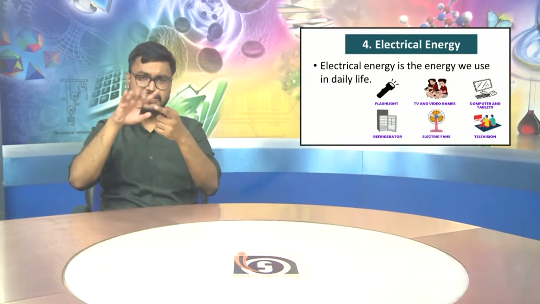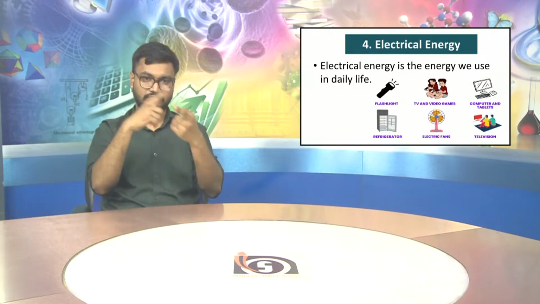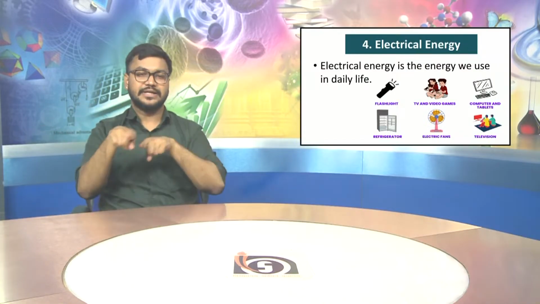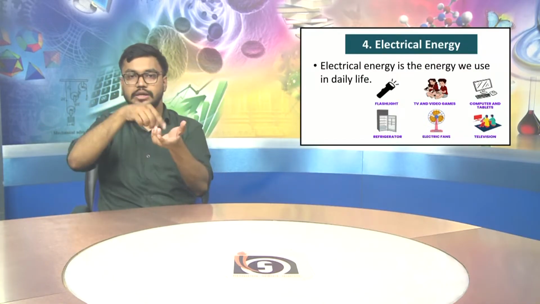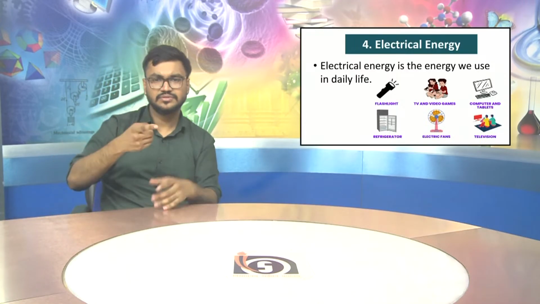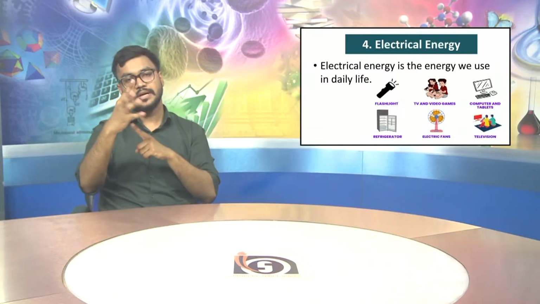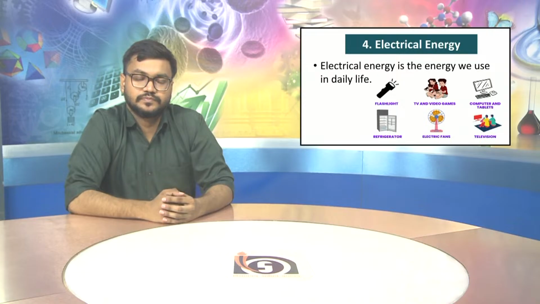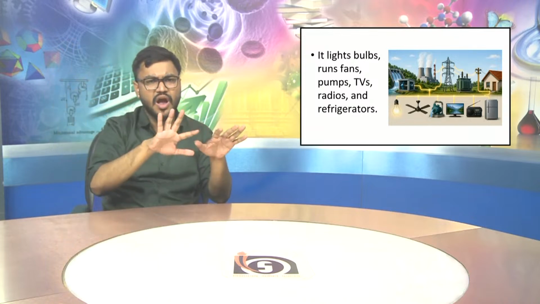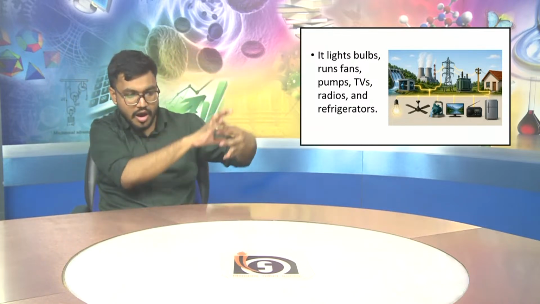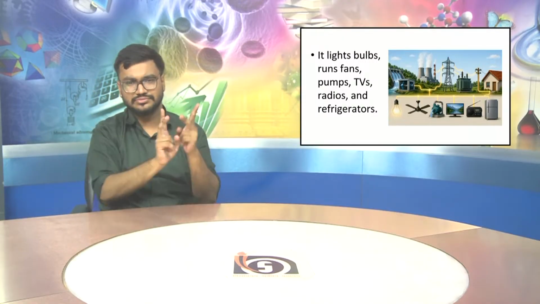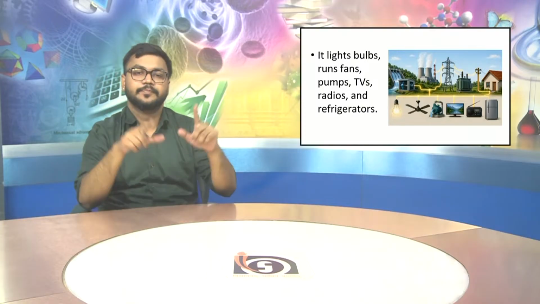Next, the fourth form of energy is electrical energy. Electrical energy is the energy we use in daily life, like flashlight, TV and video games, computer, refrigerator, electric fans, bulb, etc. It runs fans, pumps, TVs, radios and refrigerators, which helps a lot in its own form.